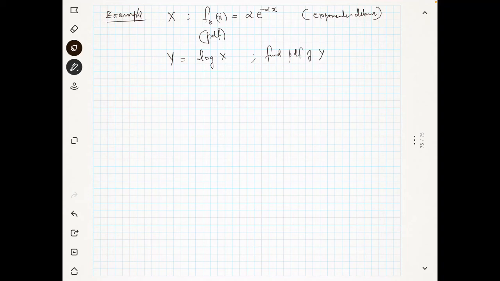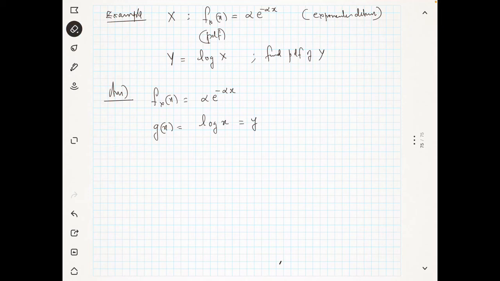You know that your fx of x is nothing but alpha into e power minus alpha x, and your g of x is the function which is nothing but logarithm of x. This is nothing but your y. Logarithm means natural logarithm, ln of x.